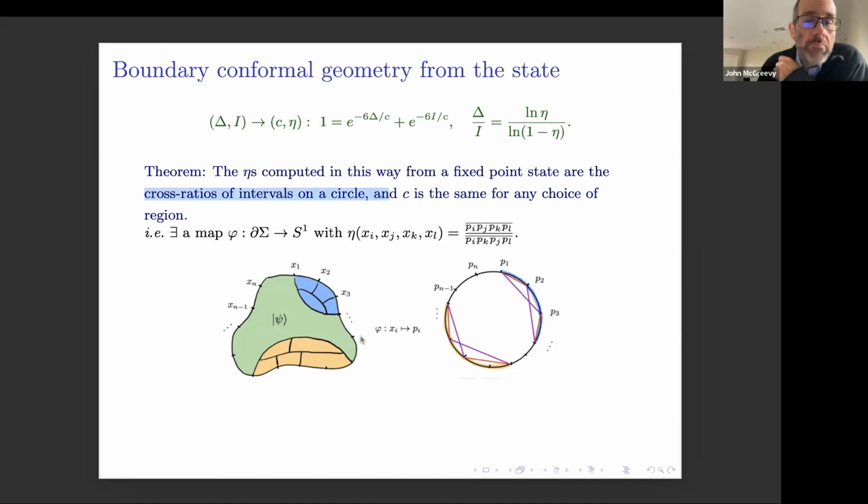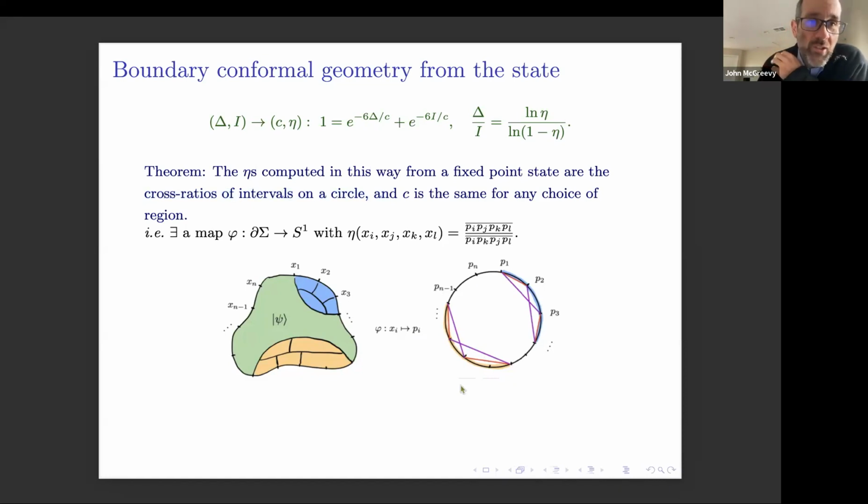That is, we can find a map from the boundary of the system to a circle where the boundaries of our regions map to some points on that circle, such that the etas that we compute using this formula are just the geometric cross ratios of those intervals.